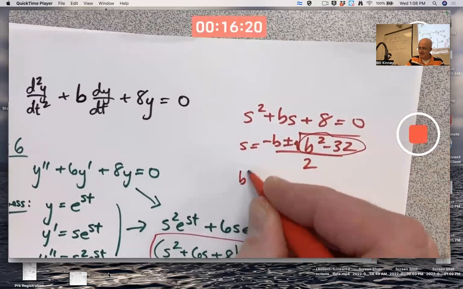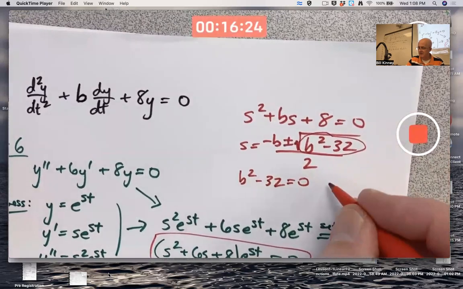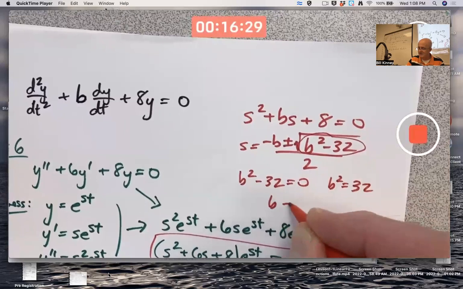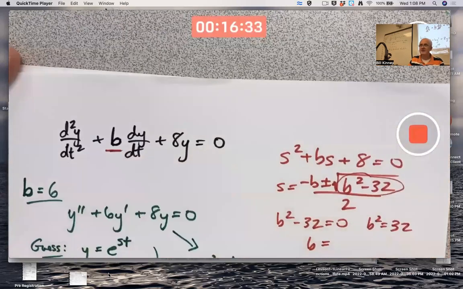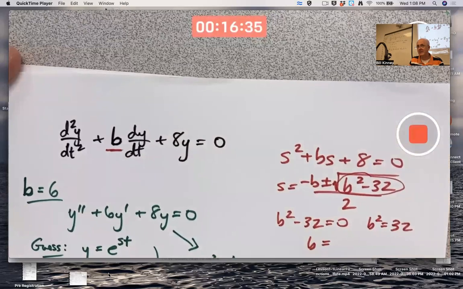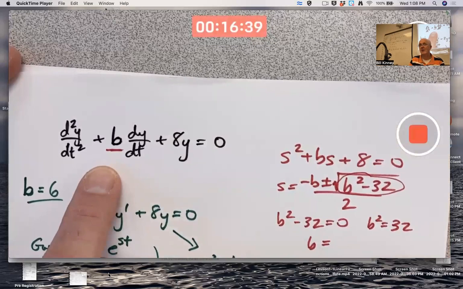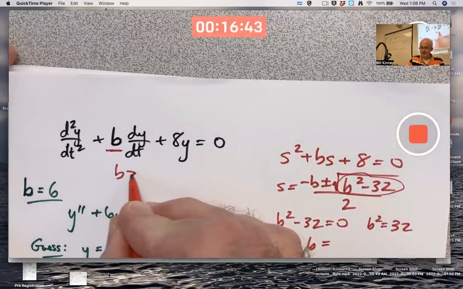So b squared minus 32 is 0, will help us find the bifurcation value. It's equivalent to b squared equals 32. So b is plus or minus square root of 32. Well, damping has to be positive, so we could assume b is positive and just take the plus square root. If you allowed b to be negative, then you could also take the minus square root. But b is positive, really.